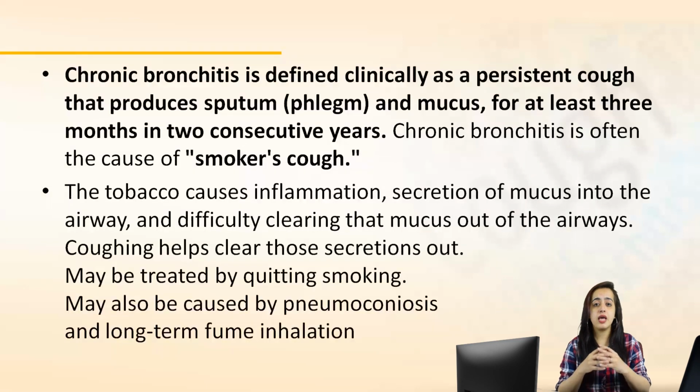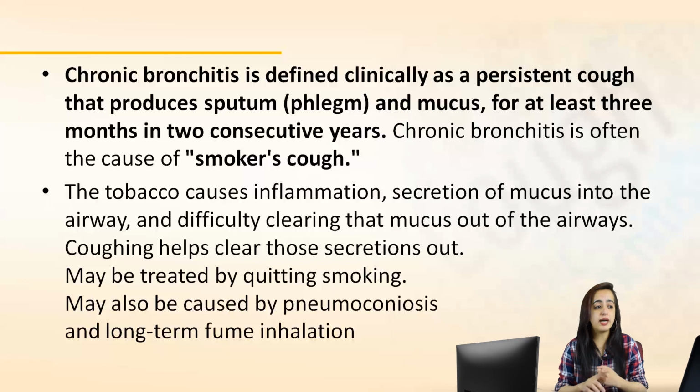The next and the most common condition is chronic bronchitis, which is again seen in a lot of people. It is defined as a persistent cough that produces sputum and mucus for at least 3 months in 2 consecutive years.